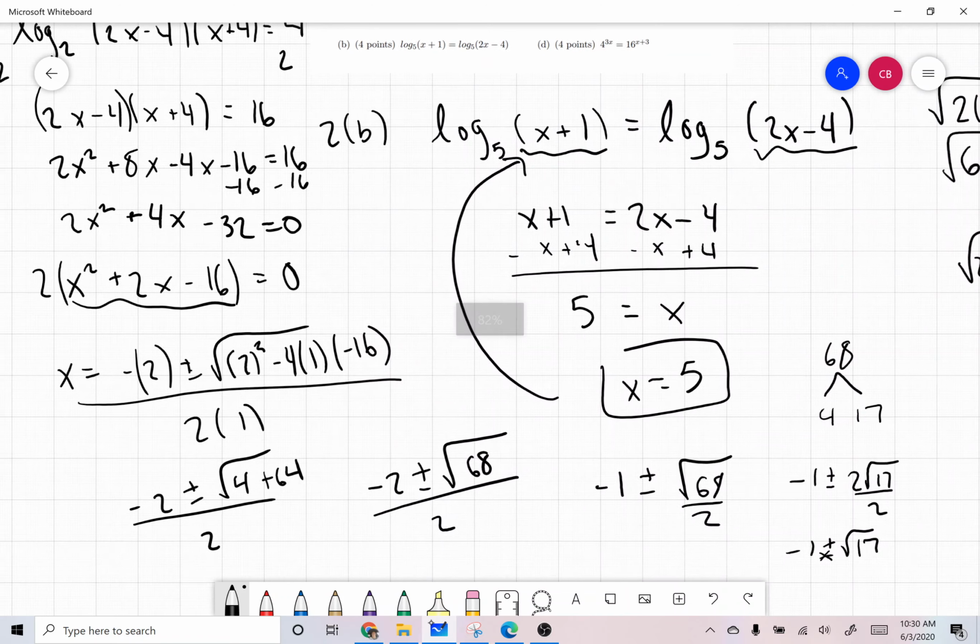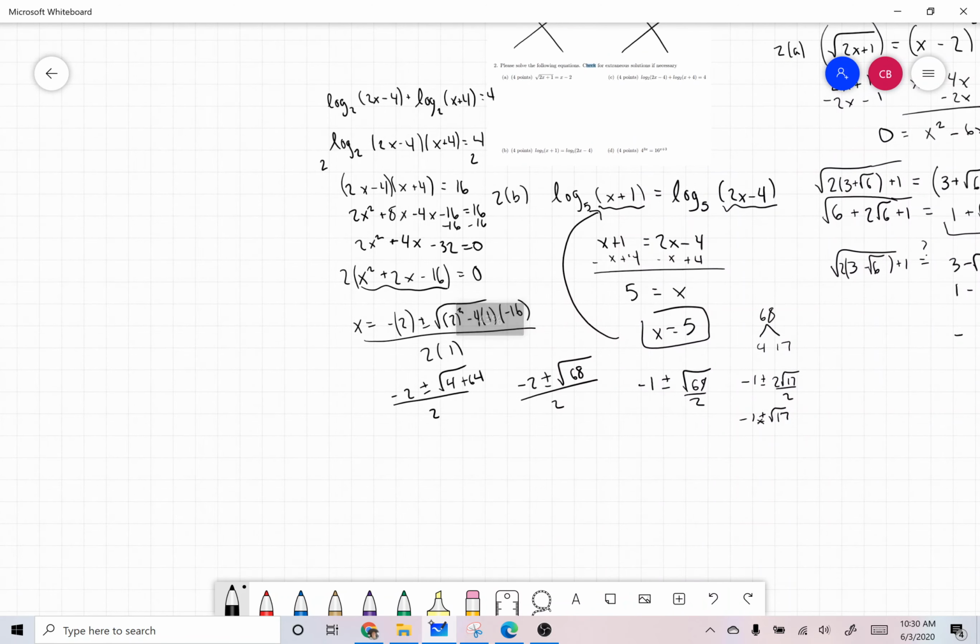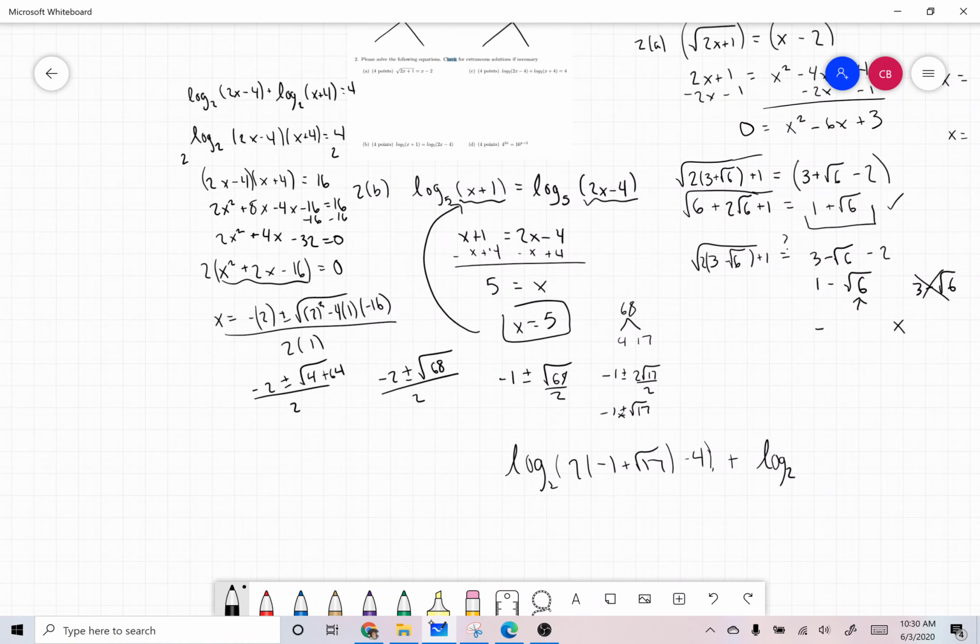So we're looking at log base 2 of negative 1 plus square root 17 minus 4, oops, no, I'm sorry, not equal to, is plus log base 2 of negative 1 plus square root 17 plus 4 is equal to 4.